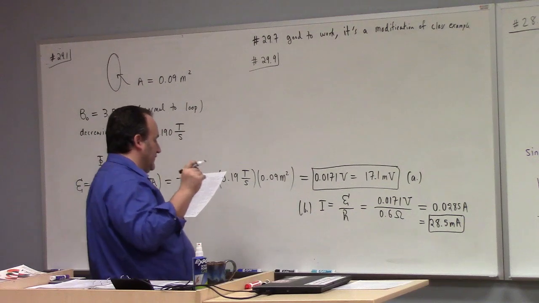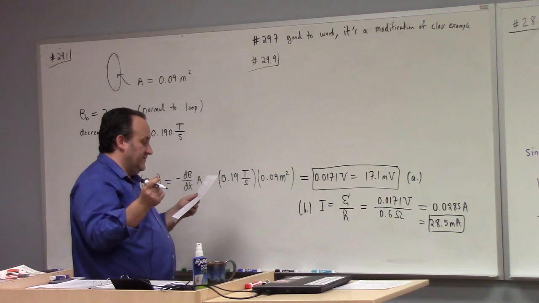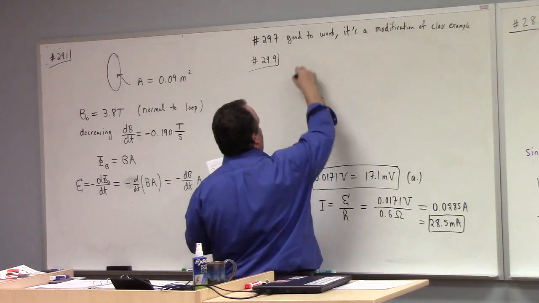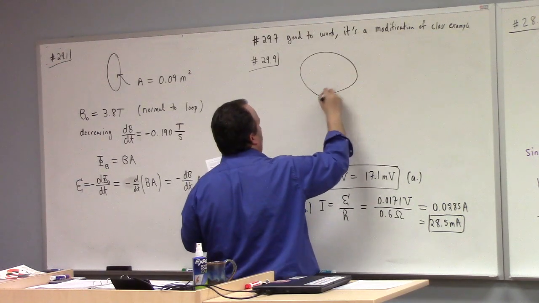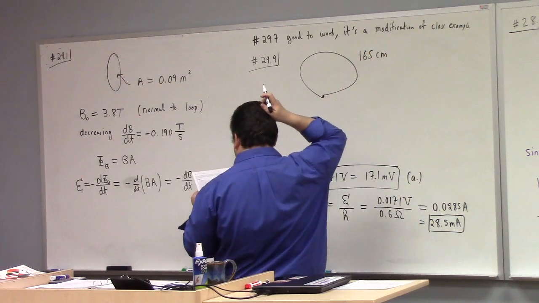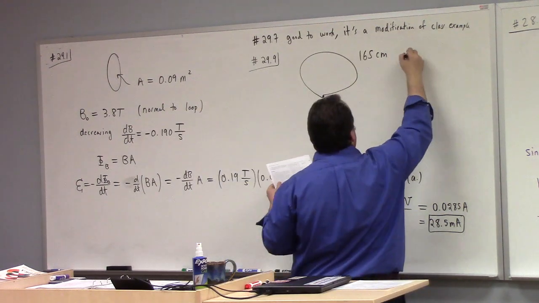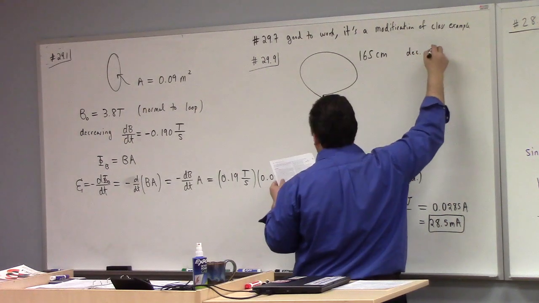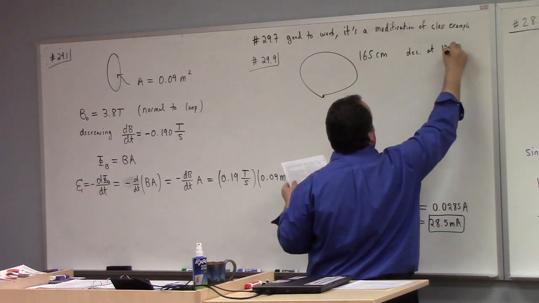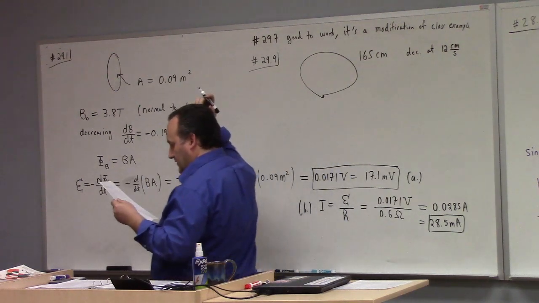So this one here is the shrinking loop problem. You have a circular loop of flexible iron wire that has an initial circumference of 165 centimeters, and then it's shrinking, right? It's decreasing at 12 centimeters per second, due to a tangential pull on the wire.